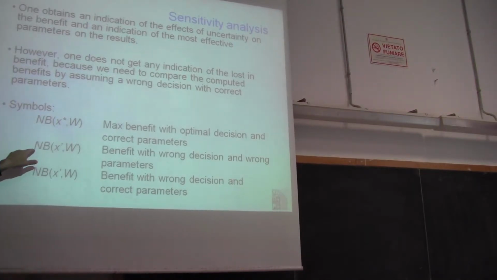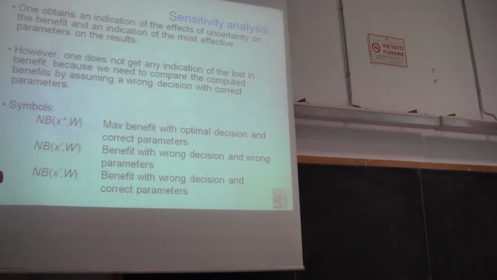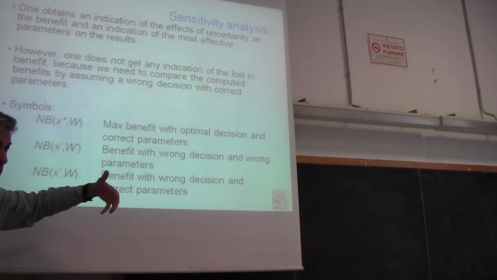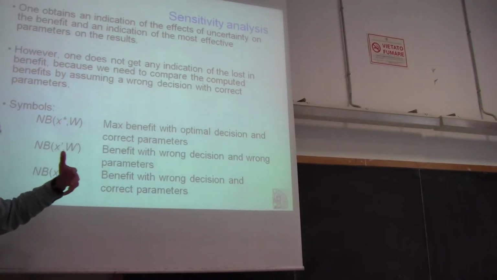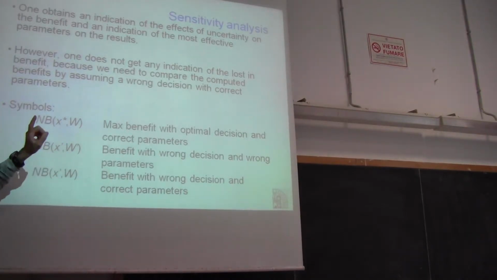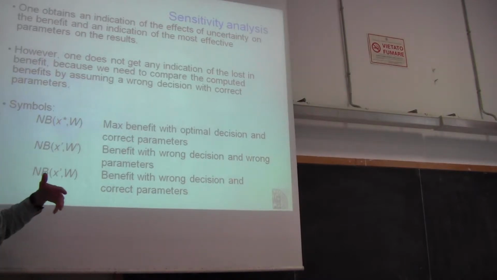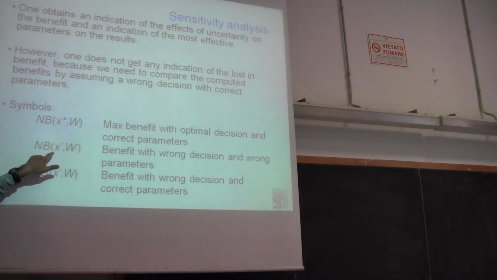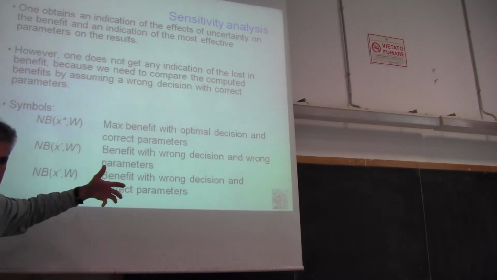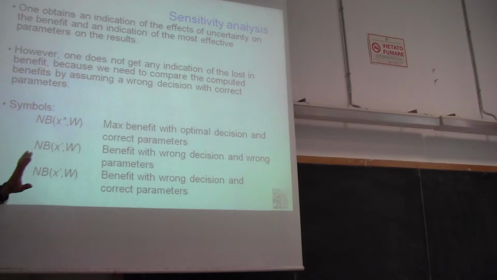So this is the benefit that I estimate to take with the wrong parameters. And B X prime W, W prime, is my estimate of the benefit that I would take by using the wrong parameters. But actually, I take this benefit. So basically, this computation tells me that I'm going to allocate X prime, and my assessment is that if I allocate X prime, I take a benefit of maybe 60, which I compute with the wrong value of parameters.